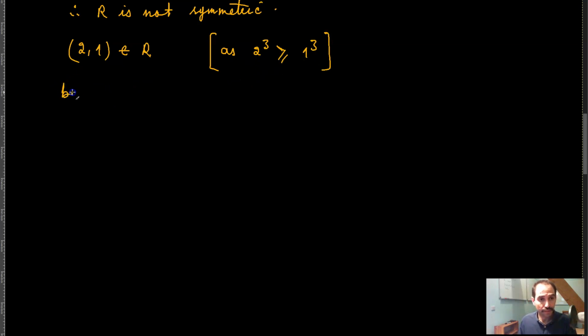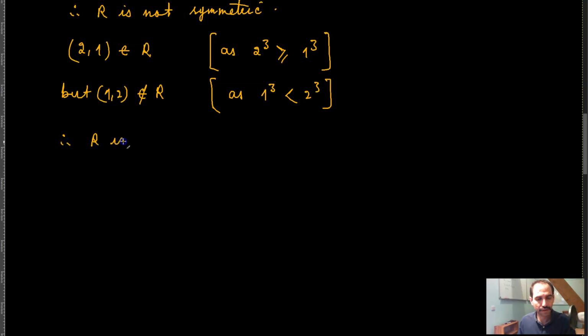But (1, 2) does not belong to R, as 1 cubed is less than 2 cubed, right? That's the exact same thing that we talked about before. And so then you can say that R is not symmetric. Right?